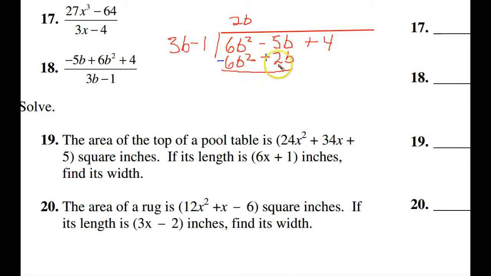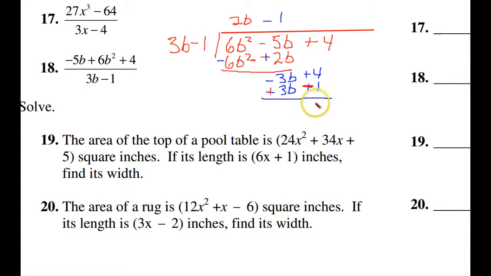Okay, change our signs. This now becomes a negative 3b. I bring down my 4. And again, 3b goes into there a negative 1 times. This times a negative 1 is a negative 3b. This times this is a positive 1. Now, again, the key is change the signs.